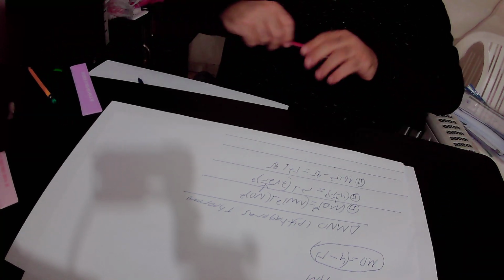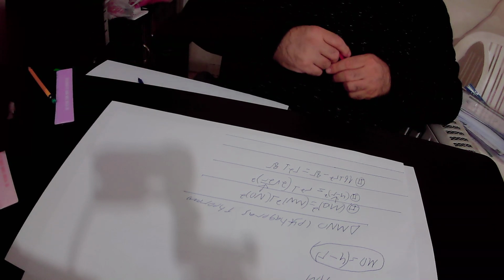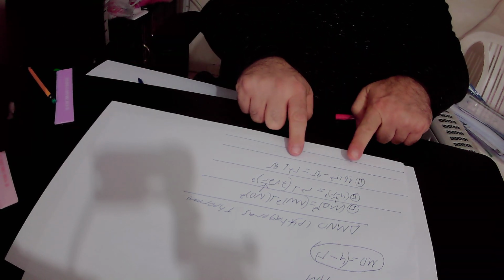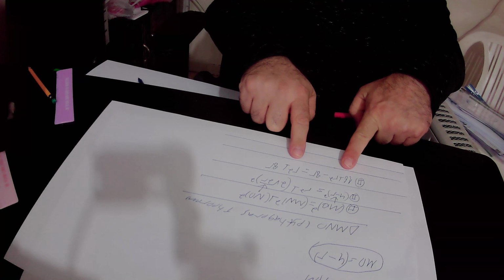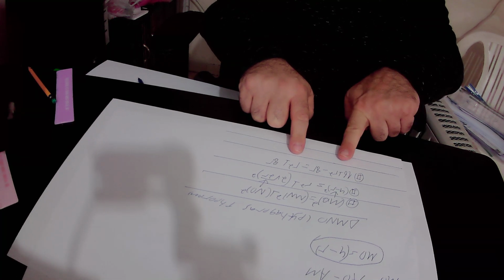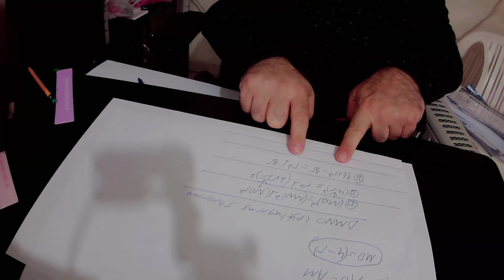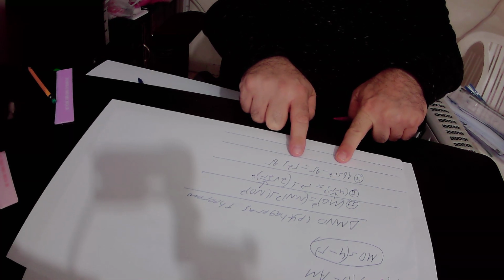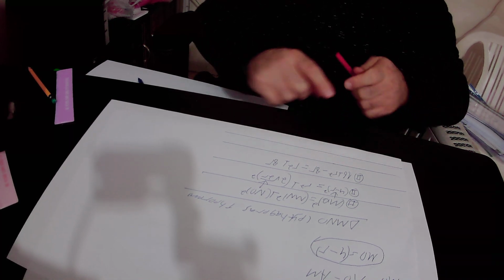So here we have r squared on both sides of equation number 2. So r squared will get cancelled.